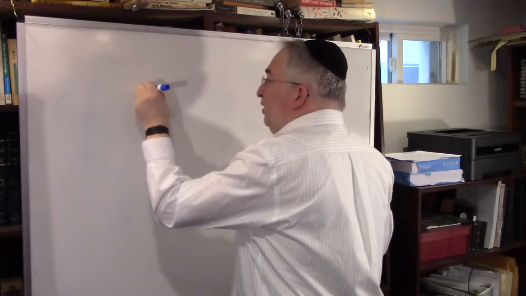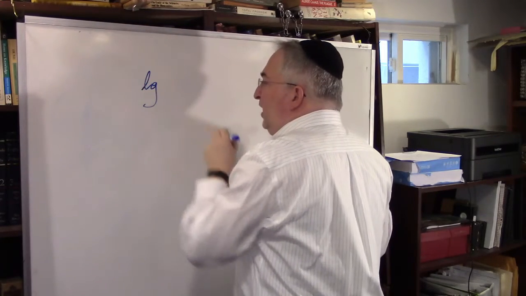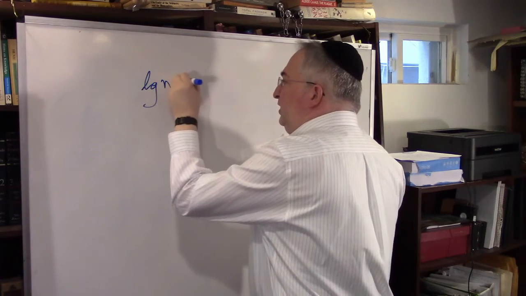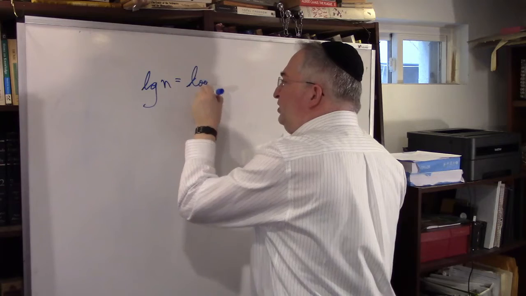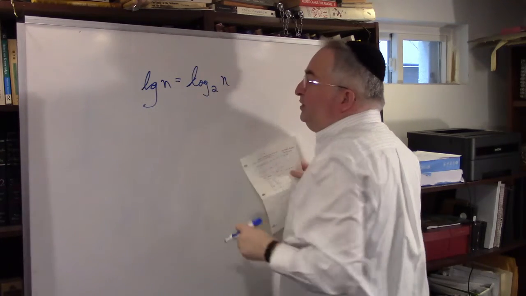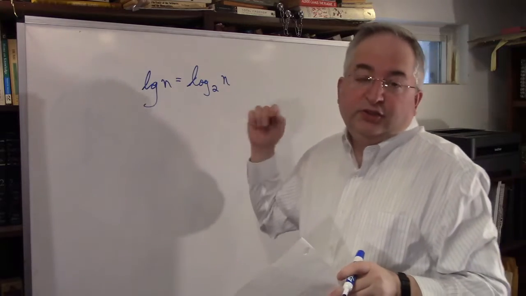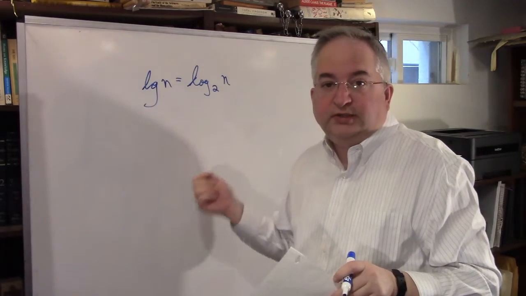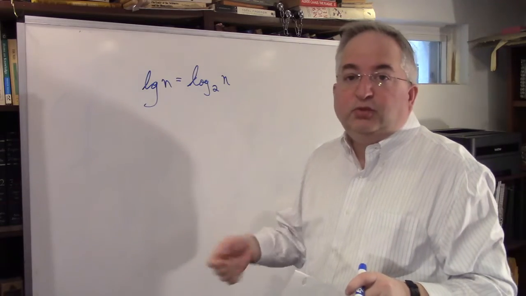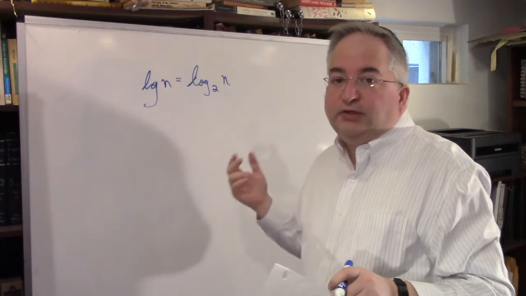Okay, so lg of n is just getting the notation right. Lg of n is log base 2 of n. This shows up so much in computer science because we're always splitting things into 2, or we're dealing with 2 letters, or 0 and 1, or something like that.